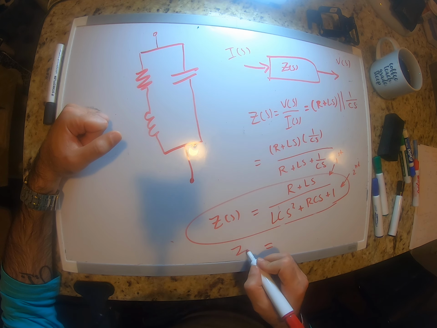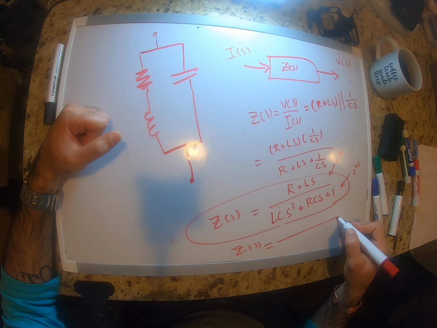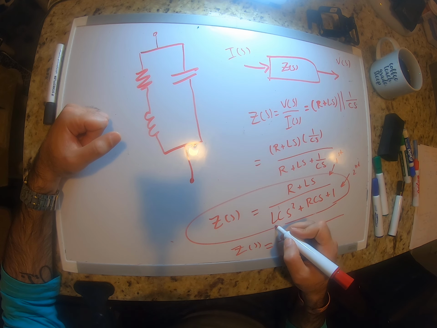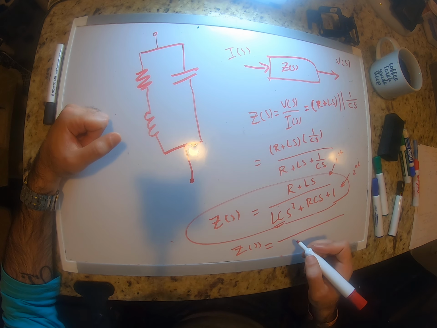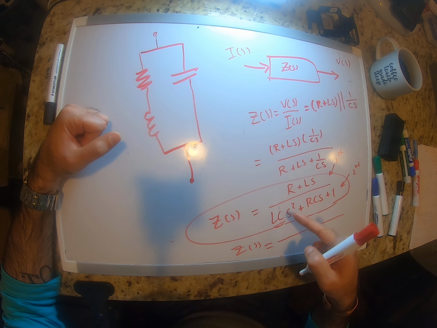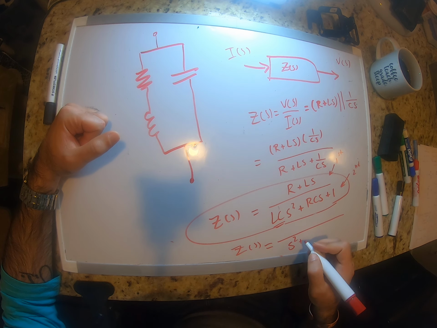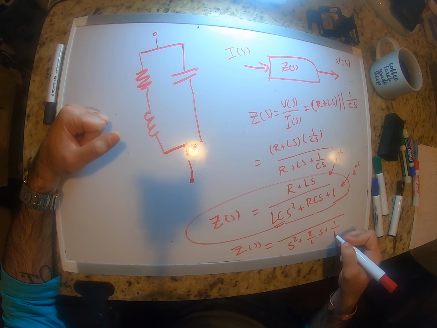In many textbooks and in many problems, the standard form of the transfer function is shown where the coefficient of the highest order term is 1. So if I divide everything by LC, both the numerator and denominator, it's S squared plus R over L S plus 1 over LC.